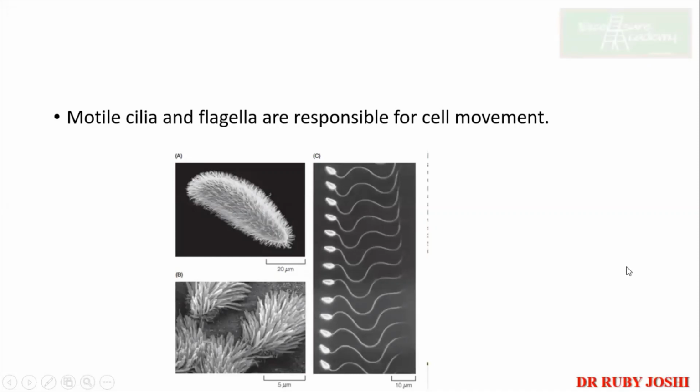So now we know that there are motile cilia and flagella, which are responsible for cell movement. So this is for your sperm. We also know that in the respiratory tract many cilia are present. What is the function of the cilia over there?